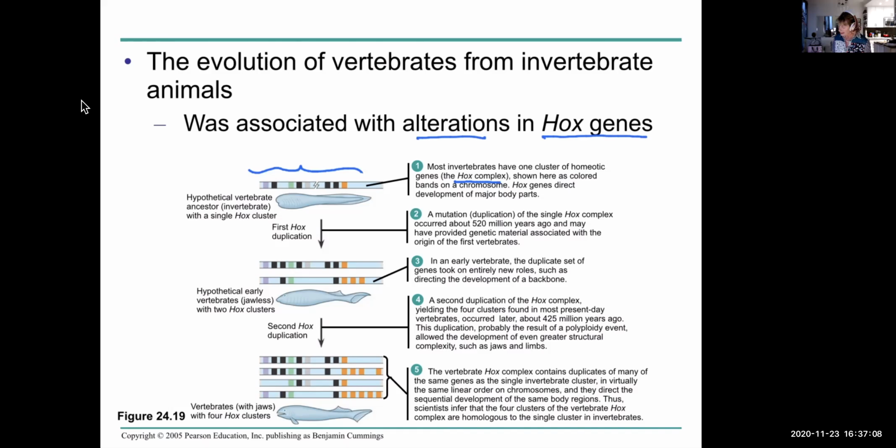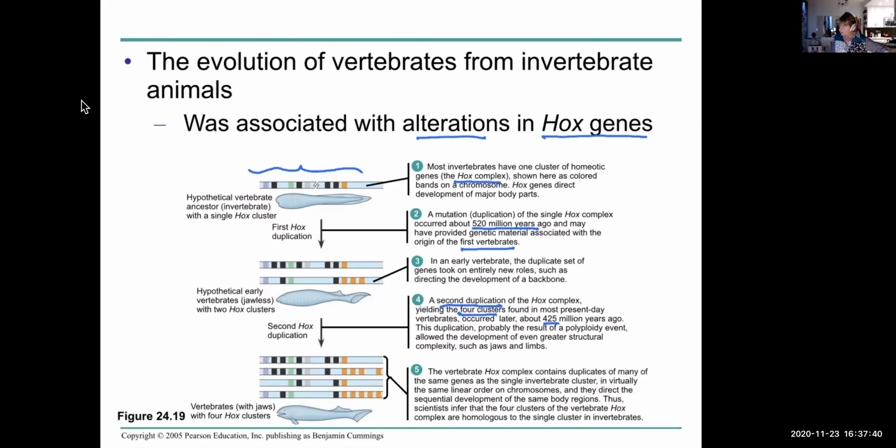But apparently, about 520 million years ago, there was a duplication of the Hox complex. So that might be associated with the origin of the first vertebrates, perhaps. And then there was a second duplication. So now there are 4 clusters, and 4 clusters are found in modern-day vertebrates.